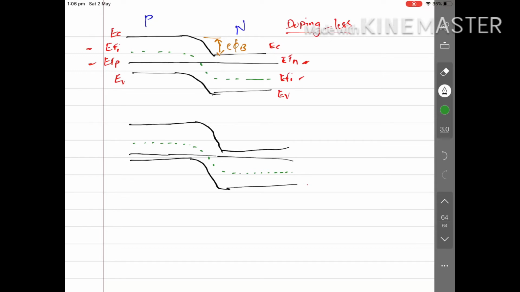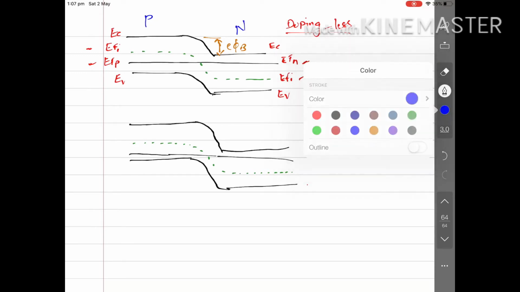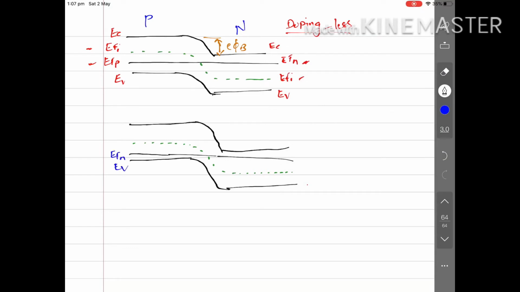Let me write down everything again. So here you can see that the gap has increased, E phi p. As you can see, here the doping is very high as compared to the normal diode and the avalanche diode.